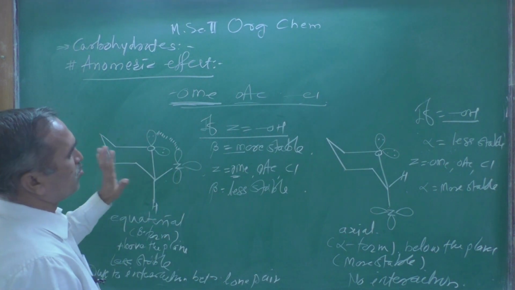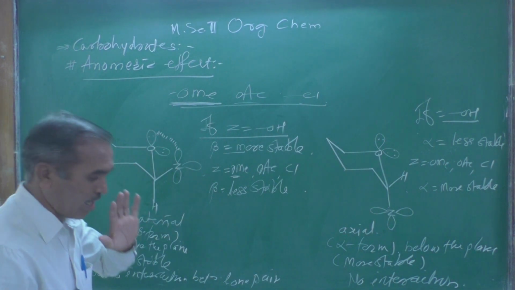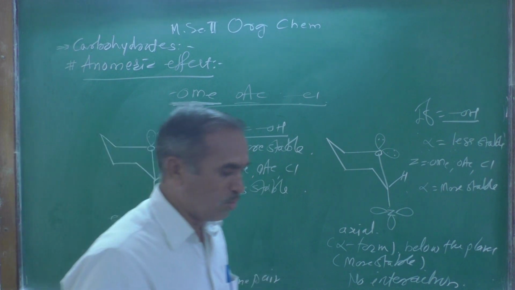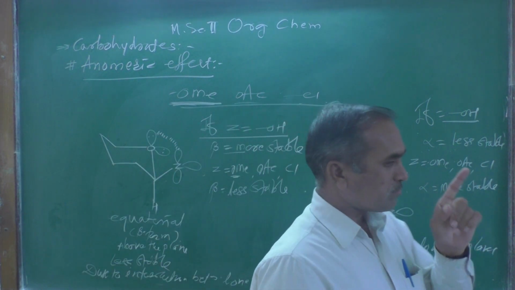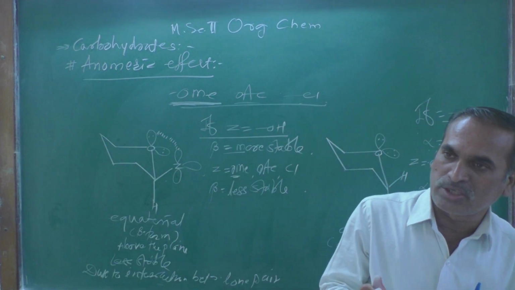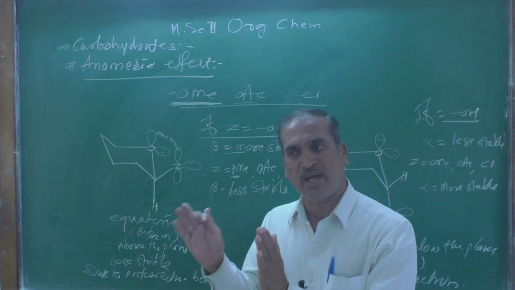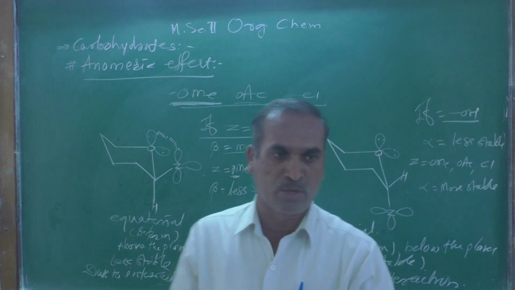Why is it more stable? As we know, the general rule in the chair form is that the bulkier group prefers to stay at the equatorial position.